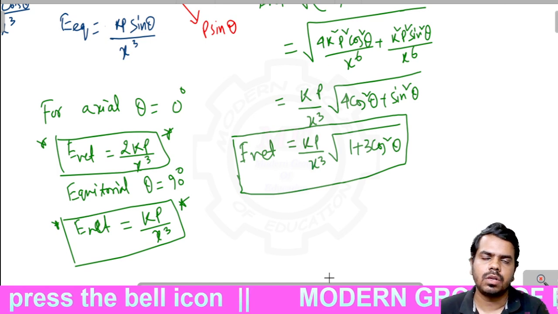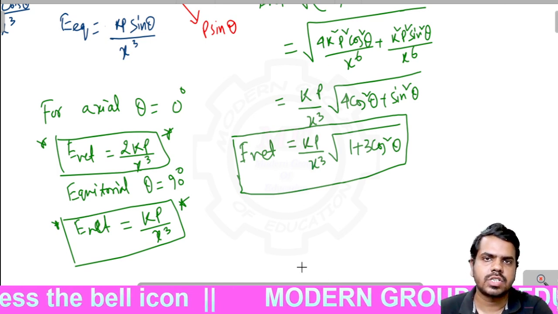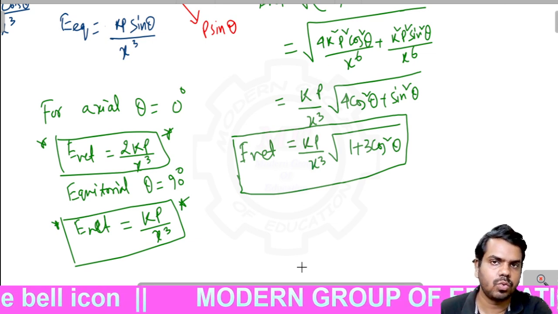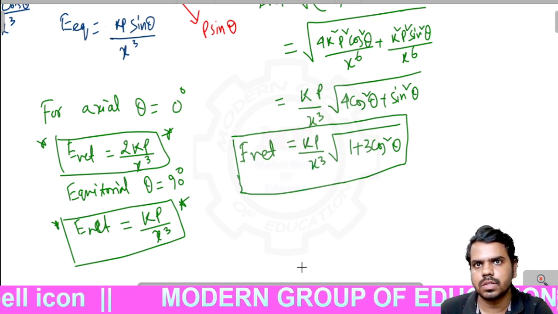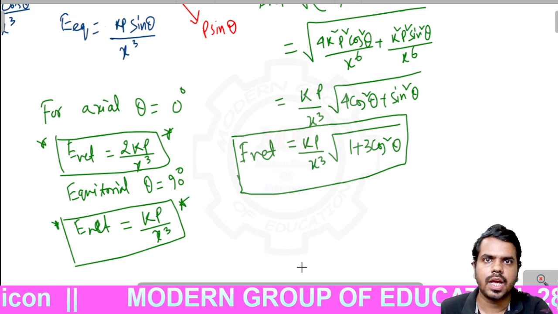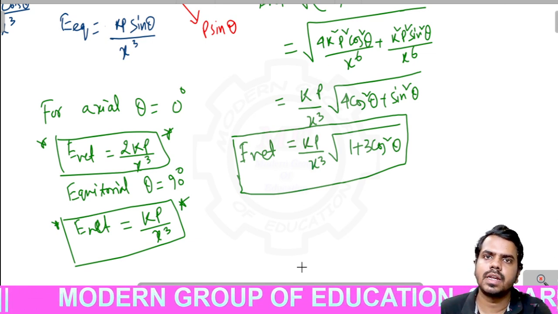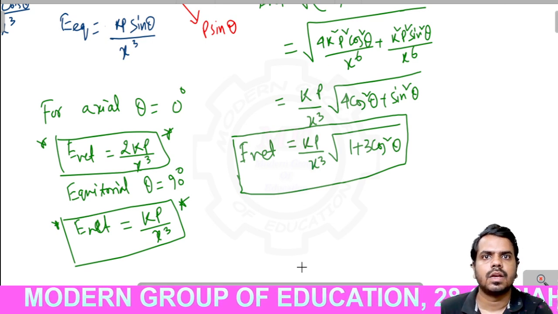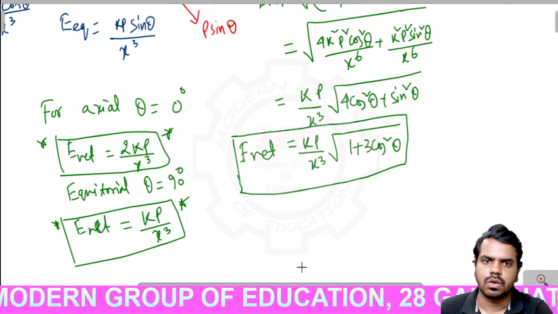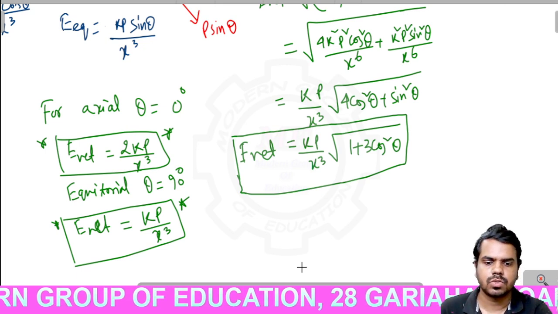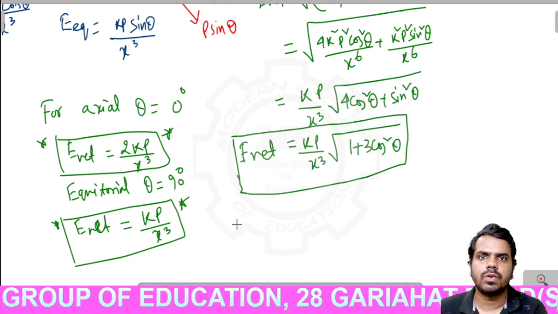In electrostatic 1 you have this only, but for electrostatic 2 you have other things about dipole, like potential and torque of dipole. We'll learn about them later, but these are all the things for electrostatic 1 about dipole. So this is the end of the video.